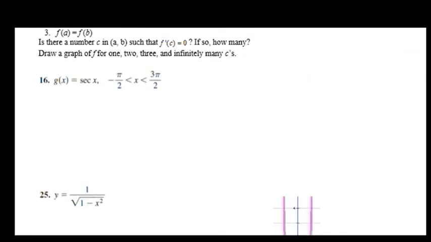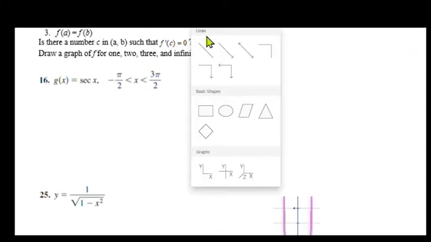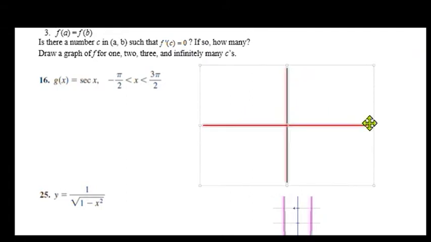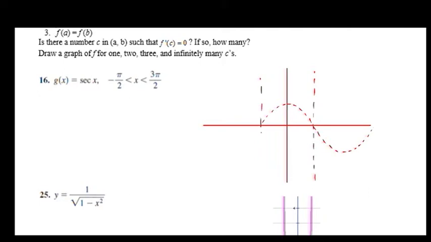Good. Secant graph looks like this. You are using cosine to graph this thing, right? So cosine looks like that. You know what I'm saying? So we would have vertical asymptote right here, right here, right here.